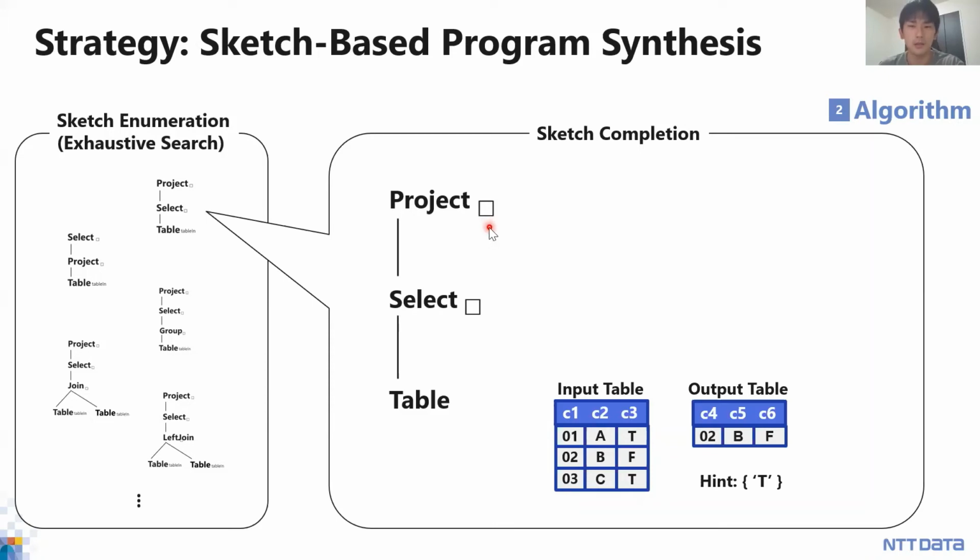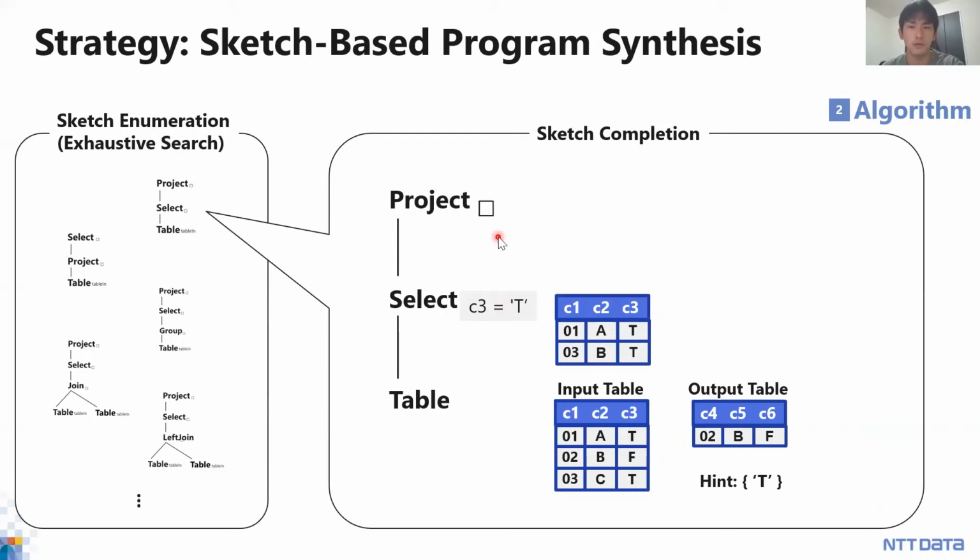Now, this is the target sketch, and these are input and output tables. When we replace the square in the select operator with a concrete predicate, C3 equal T, we can obtain an intermediate table. Next, we want to fill the square in the project operator.